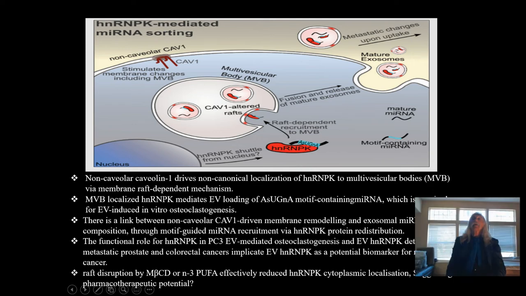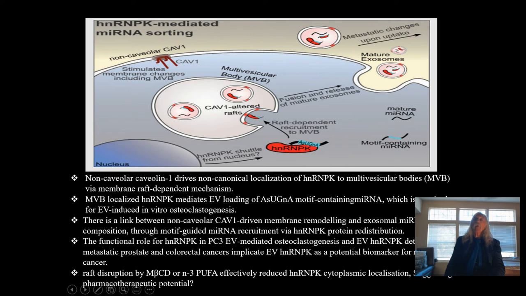And this link is a motif-guided microRNA recruitment via the protein that binds to it, HNRNPK, because it gets redistributed along with the microRNA into the MVB. That's because of CAV1 and CAV1 alone altering the RAFT, because you don't have CAVIN1, the cytoplasmic component. You get that? All right. I know you do. So there is a link between non-caveolar CAV1 and that whole redistribution.